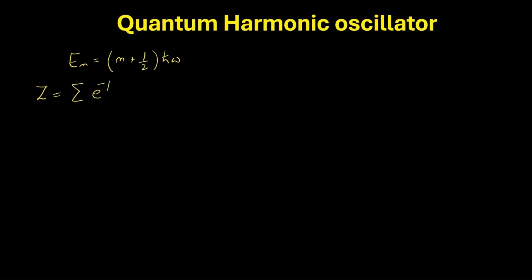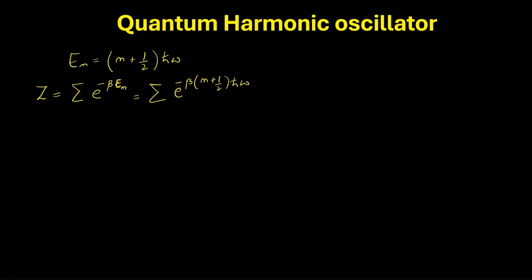So e to the power minus beta E_n. If I substitute this, it will be e to the power minus beta (n plus 1 by 2) h bar omega. And the summation will run from n is equal to 0 to infinity.